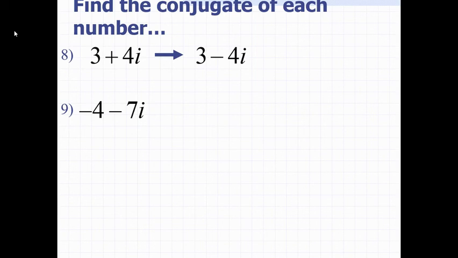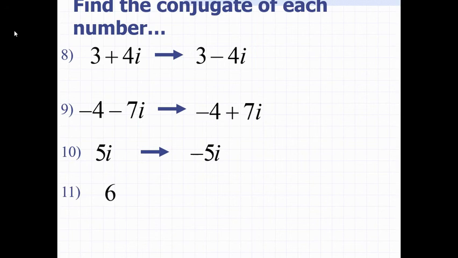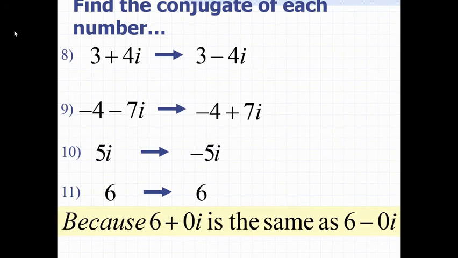And negative 4 minus 7i has a conjugate of, that's right, it's going to be negative 4 plus 7i. What about the conjugate of just a 5i? That's right, it's negative 5i. And 6, would it have a conjugate? No, because it's a real number and does not have an imaginary part. Okay?